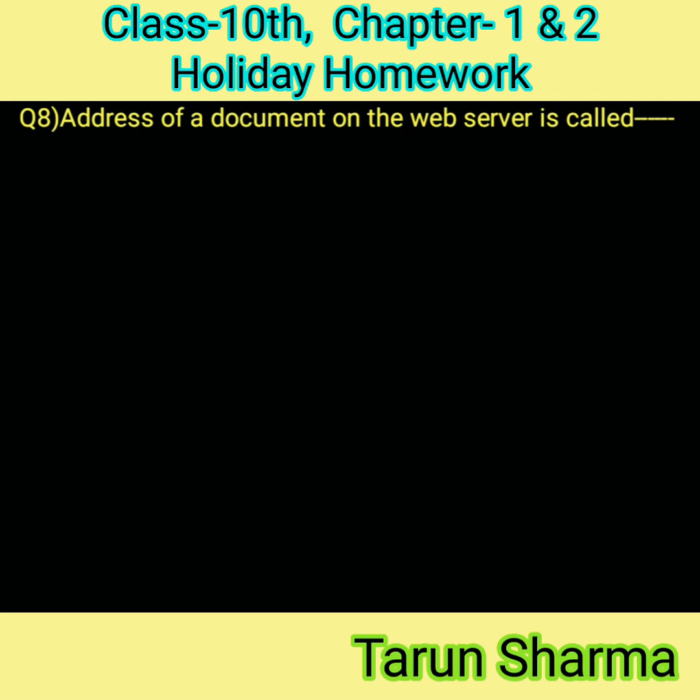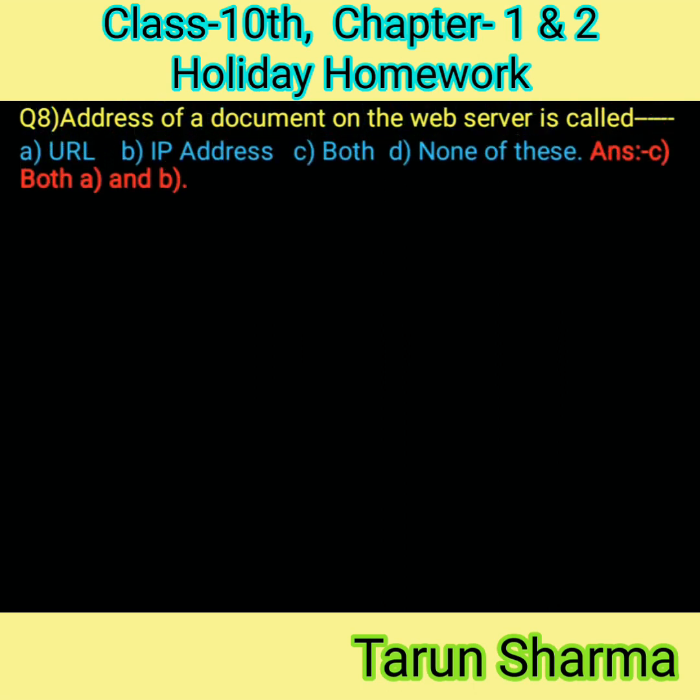And question 8: address of a document on the web server is called option A URL, option B IP address, option C both, and option D none of these. The answer is C, both A and B. Clear?